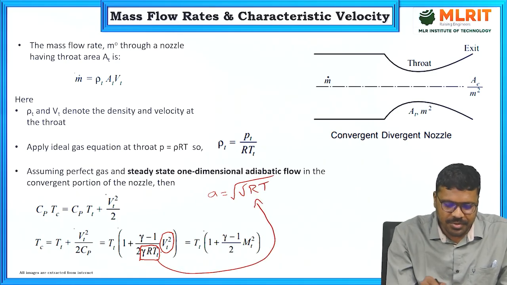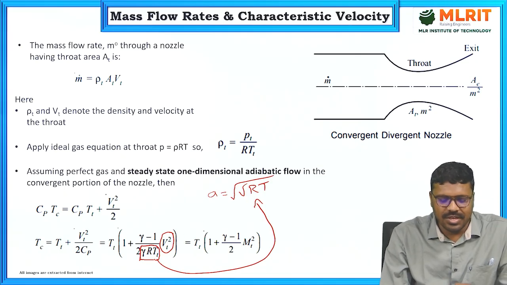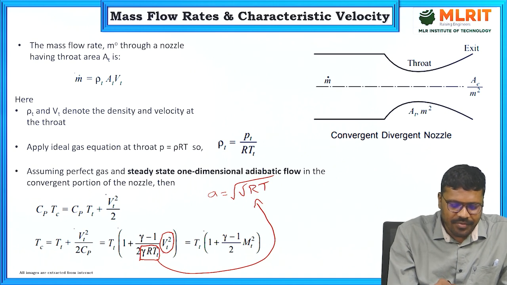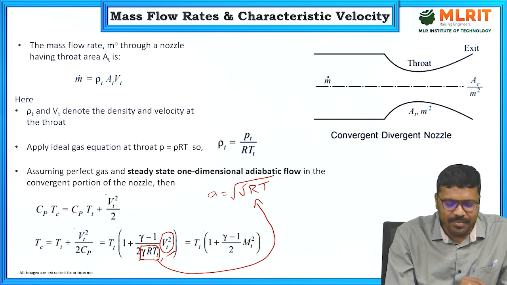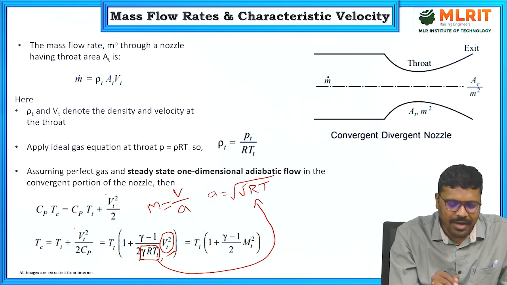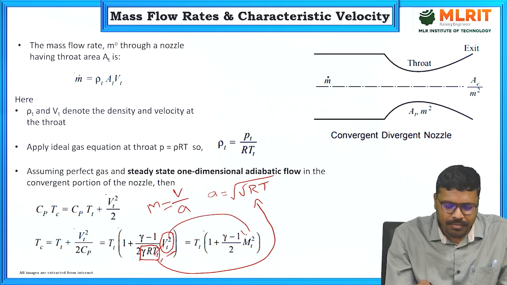So if I substitute this, this term gives the velocity of sound at the throat. And if we observe this term and this term, it will be velocity divided by the speed of sound. This is nothing but Mach number. So I can write these two terms as Mach number.